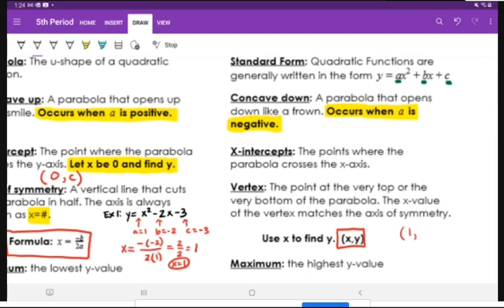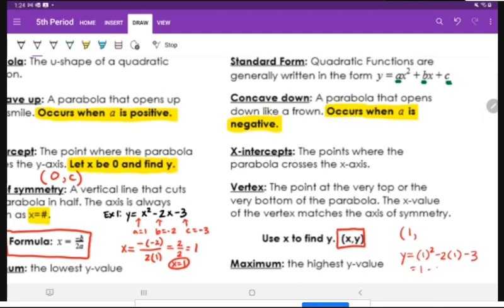Then we have to find our y value. And how do you find a y value if you know an x value? You plug in your x and you get out your y. So we'll have to plug it into our function. So we would take y equals 1 squared minus 2 times 1 minus 3. And that would give us a number.